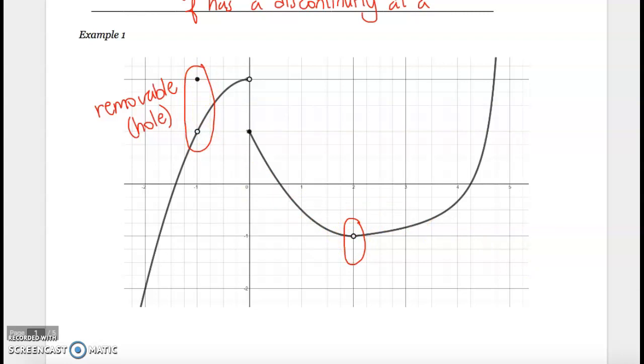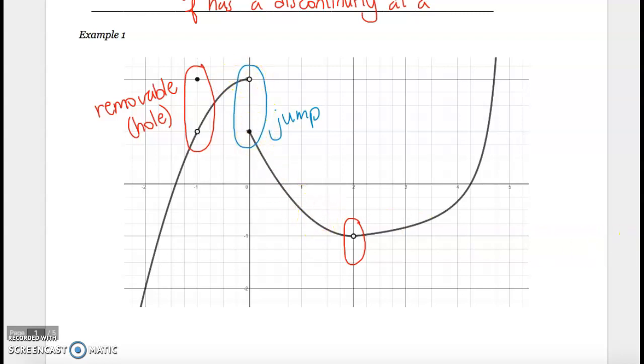All right. Let's also look at this type of discontinuity. So when your graph seems to approach a certain value and then jumps, that's called a jump discontinuity. So when your graph looks like it stops in one place and then picks up somewhere else.